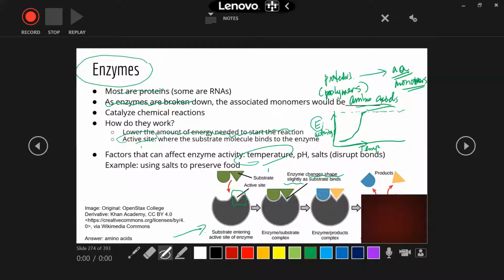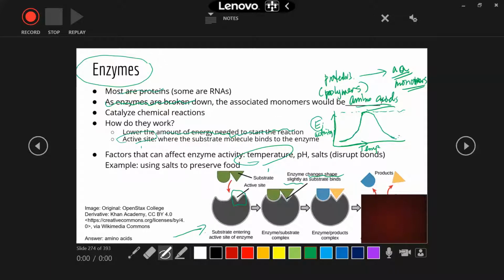If the temperature passes that point, so temperature keeps going up, right? Keeps increasing. Then enzyme activity is going to go down. It's going to decrease. And that's because higher temperature may denature the enzyme. If the temperature is too high, it's going to destroy the biological molecules, right?